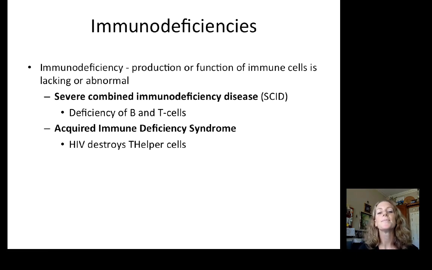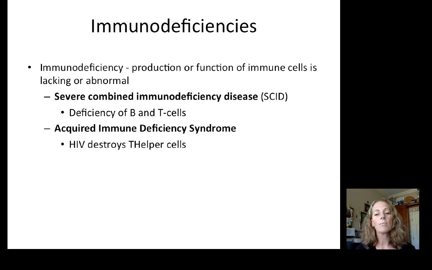Immunodeficiency is the opposite. It's when you don't have enough of an immune response. Immunodeficiency can be caused by lacking or abnormal production of immune cells. So you can have something called severe combined immunodeficiency disease, which is deficiency of both B and T cells. And then out in the media discussed a lot is AIDS.